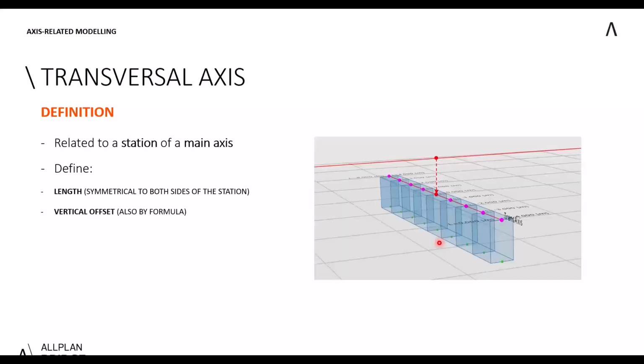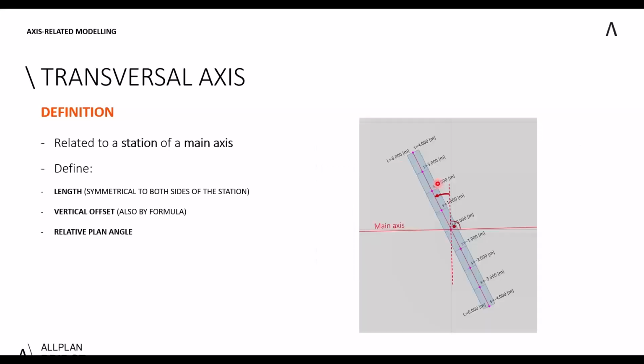And there are some optional inputs. First of all, what you usually would use is the vertical offset. We do not want to link the transversal axis directly at the level of the main axis, but we have some vertical offset, which can either be constant or also defined in terms of a formula. And also optional, by default, the orientation will be orthogonal to the main axis, but we can also have here a relative plan angle.